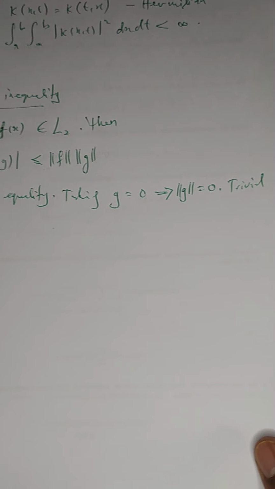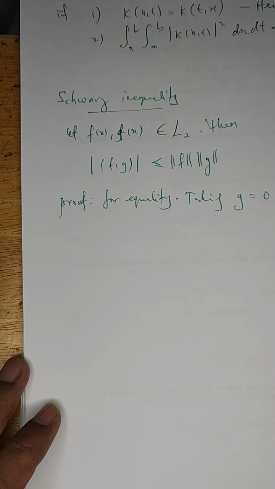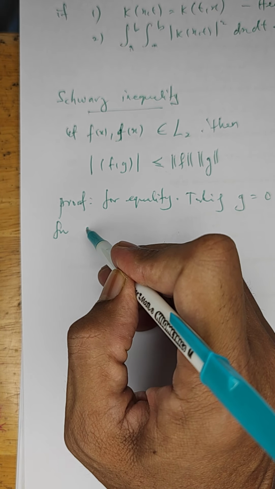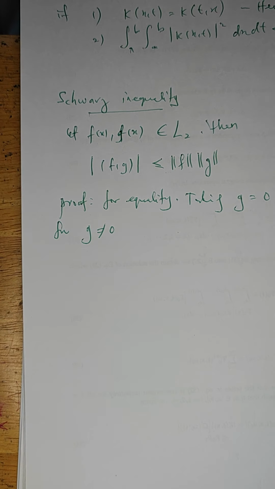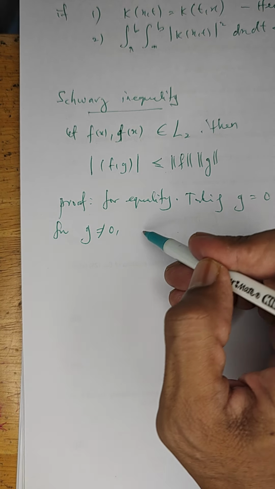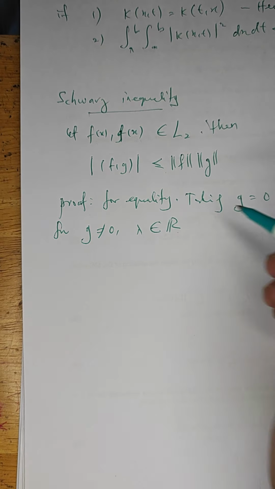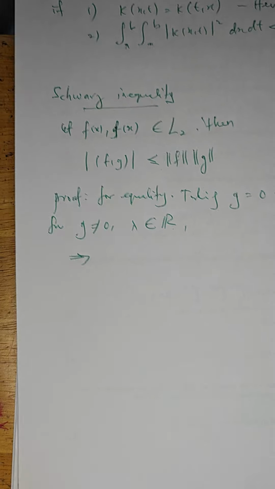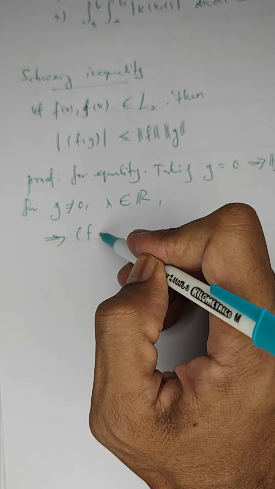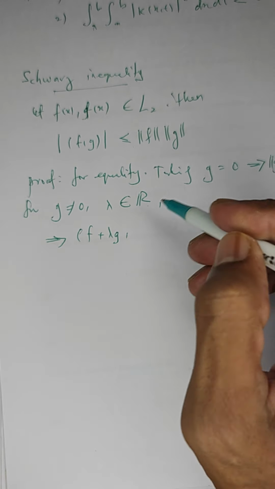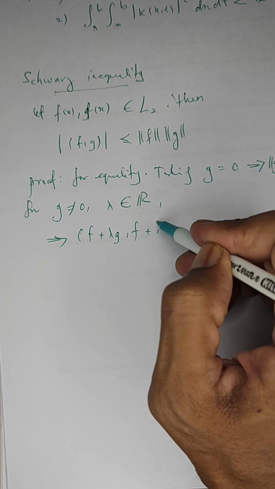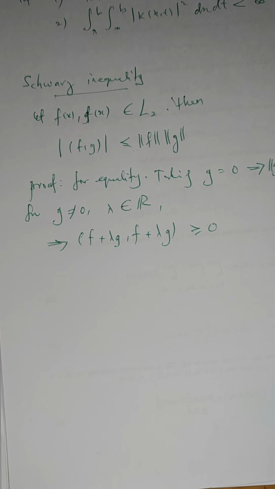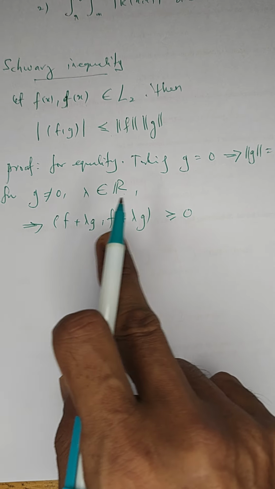Okay, but if g is different than 0, and for any scalar lambda, we have the inner product of f plus lambda g with f plus lambda g. Obviously this is positive, because this is the inner product of it by itself.